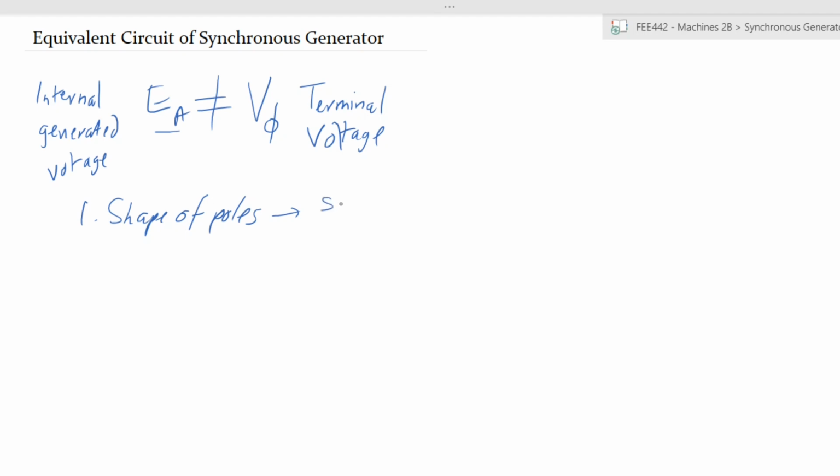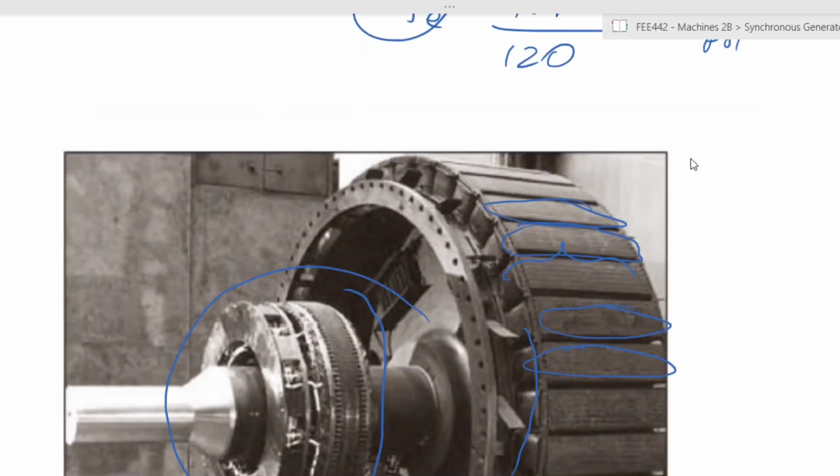This is either you have salient poles or you have cylindrical poles. In most practical applications of generators, you will tend to have salient poles. That is the ones that stick out, which you saw in the video, which you saw also in the photo. Let's show the photo again.